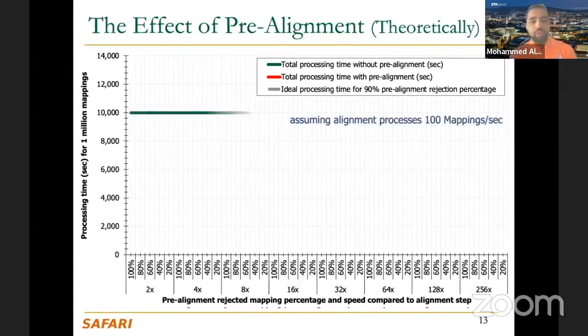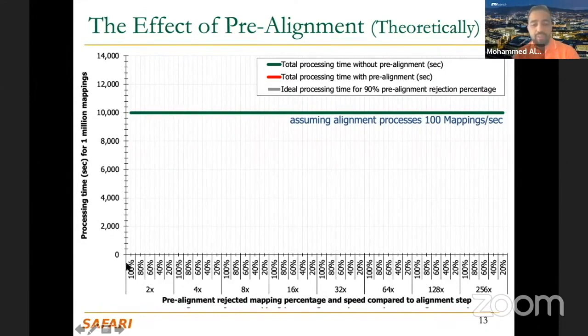Now, remember, going back to the question I asked earlier, why can we not remove all incorrect mappings or all dissimilar sequences? This is a plot that has too much information, so I really need your focus here. In the x-axis, we have information on the filtering.